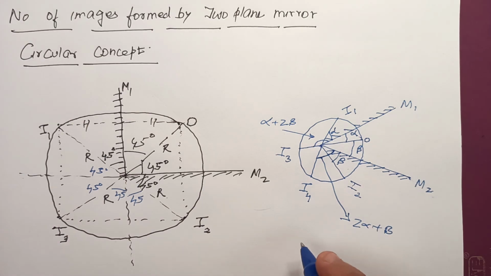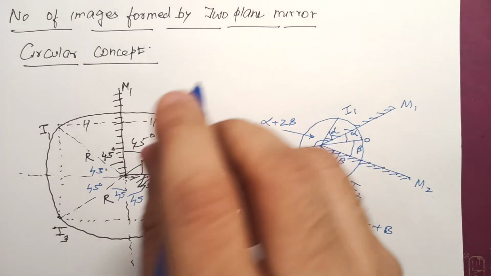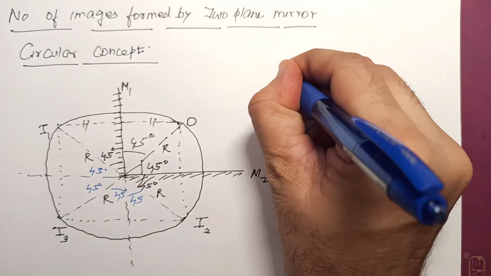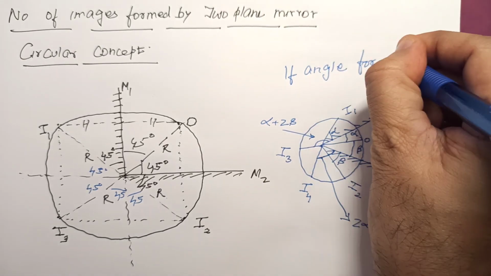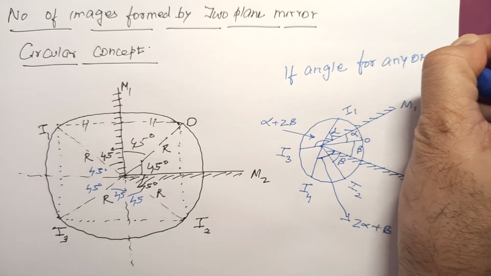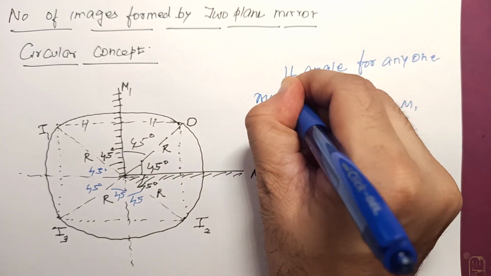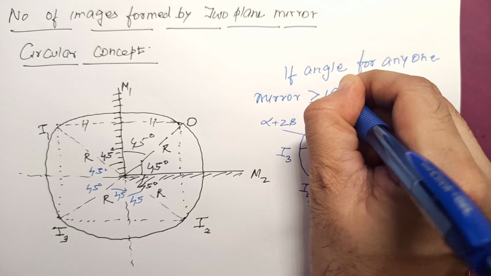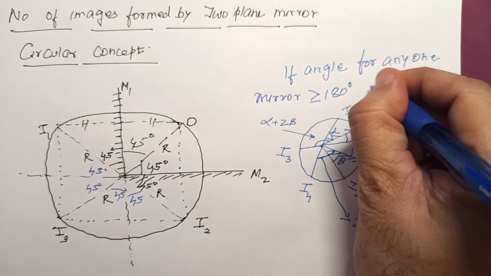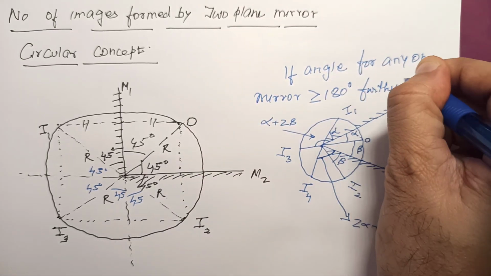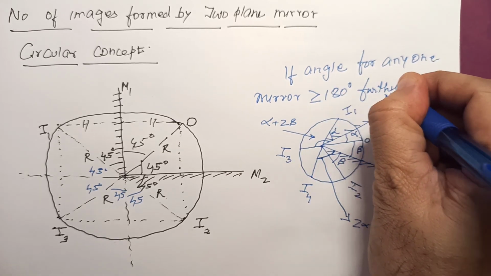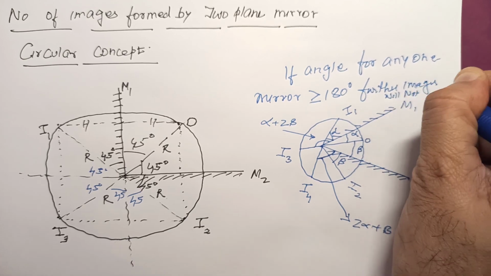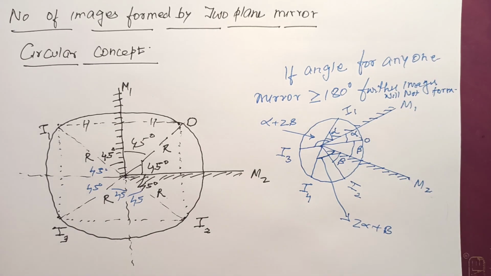So I can say if the angle for any one mirror is greater than or equal to 180 degree, further images will not form. Okay.